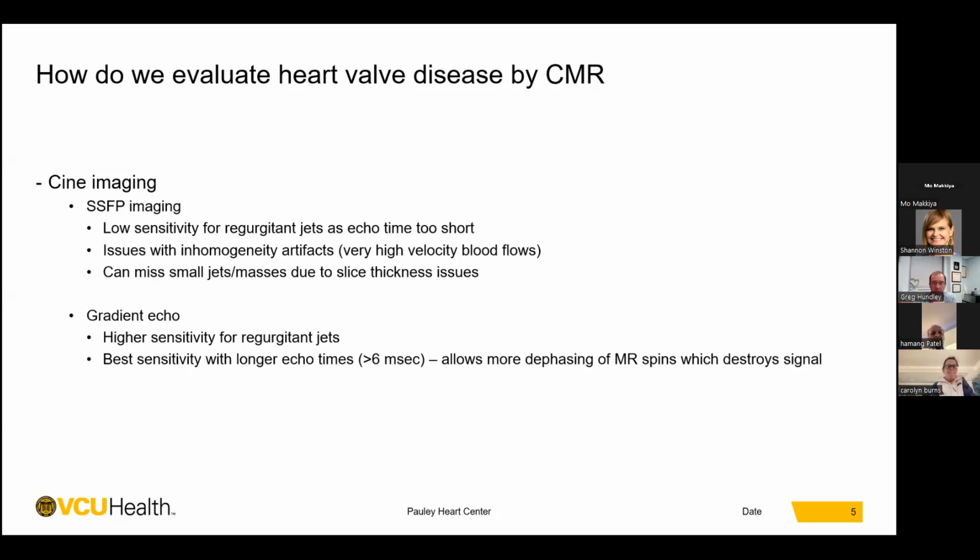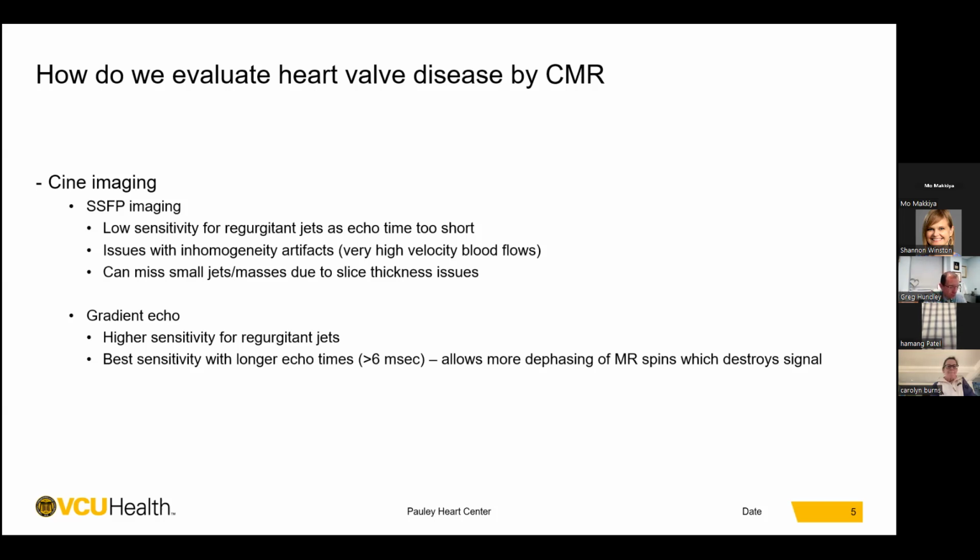There are issues with inhomogeneity artifacts with very high velocity blood flows, and it can miss small jets due to the slice thickness. Usually MRI slice thickness is about 6 to 8 millimeters, while a valve can be as small as 2 millimeters thin. To avoid this, we try to take multiple slices perpendicular to the valve.